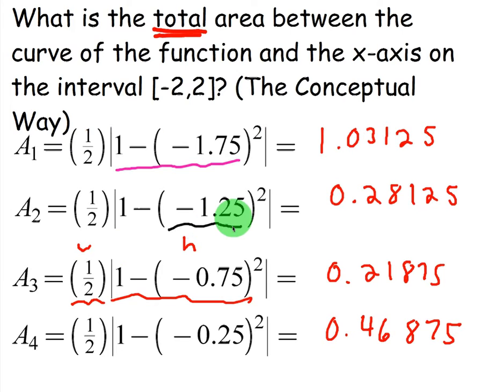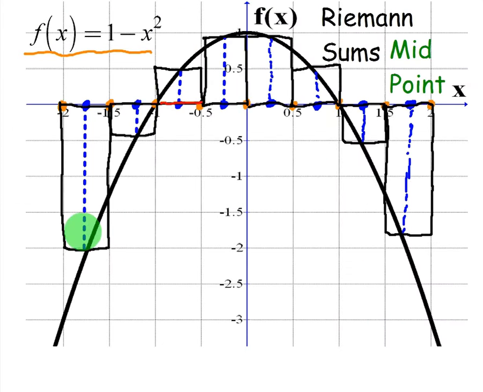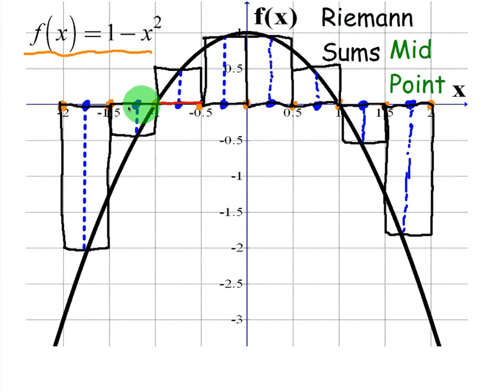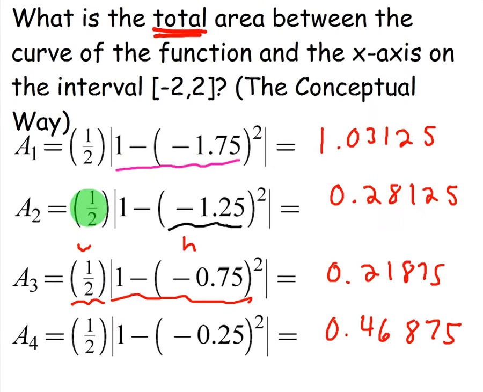So next, we're going to plug in negative 1.25 into our function. The height of that would be 1 minus negative 1.25 squared. Take the absolute value of that, multiply by the width 1/2, so width times height, and we get 0.28125.